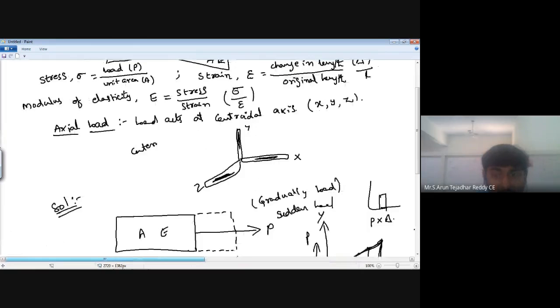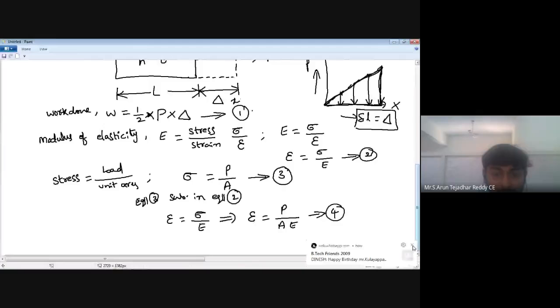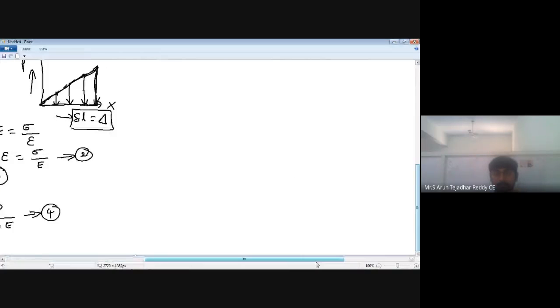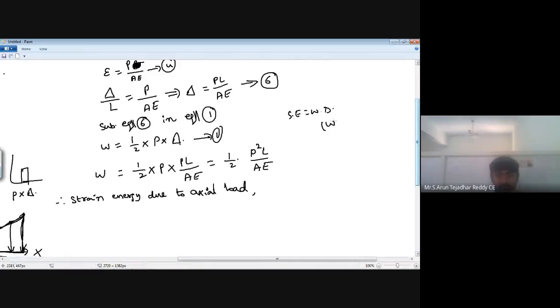Work done is indicated as W, strain energy is indicated as U. Both are equal. The other name of strain energy is work done, or the other name of work done is strain energy.